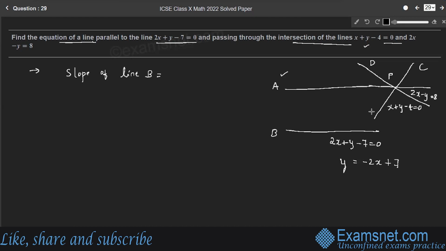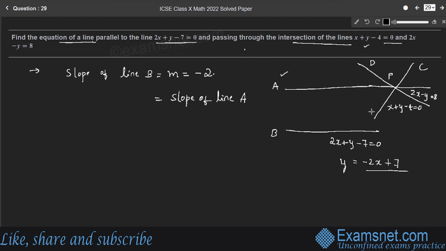Therefore, m is minus 2. Therefore, slope of line B, m is equal to minus 2, which is also equal to the slope of line A. To get an equation, we need m, and the equation of a line will be in the form y is equal to mx plus c.